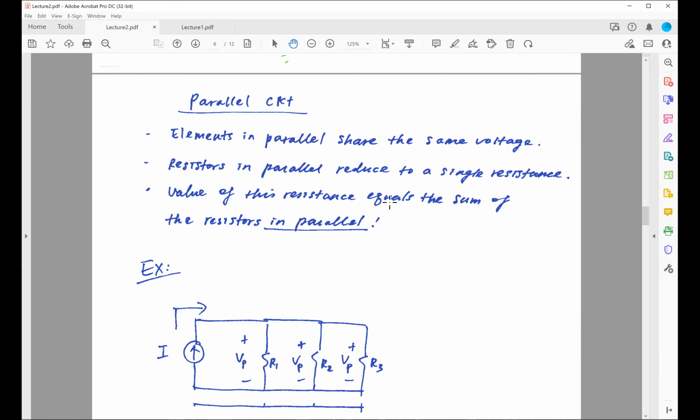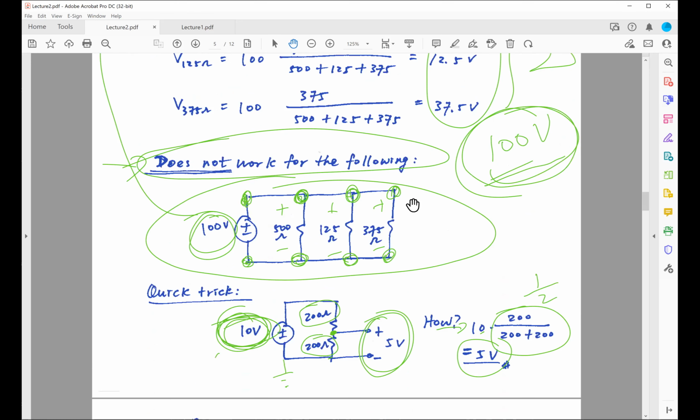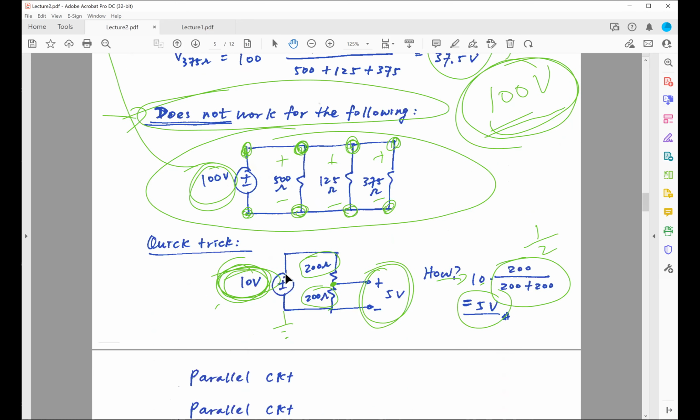All right. So now let's look at parallel circuits. Again, there are some key properties associated with parallel circuits. First, elements in parallel share the same voltage. This is exactly the point that I just made over here.